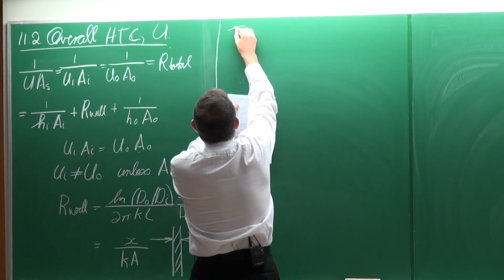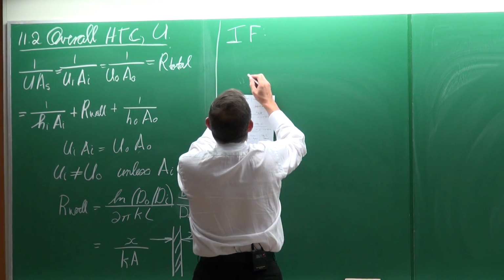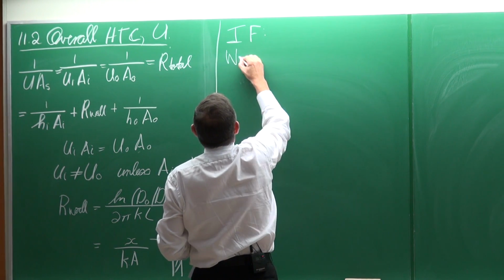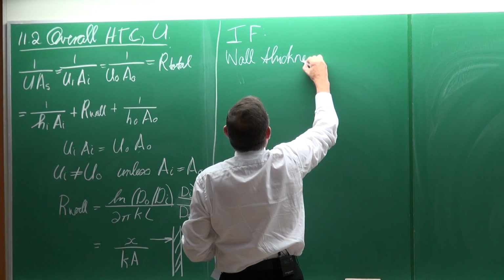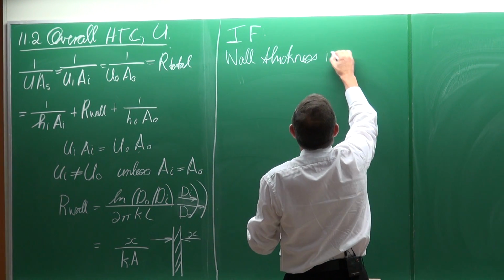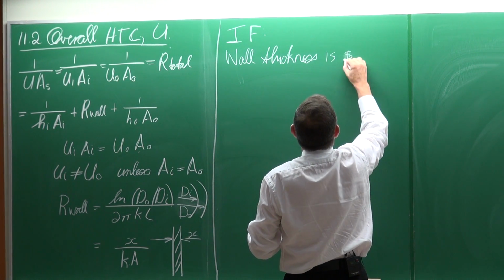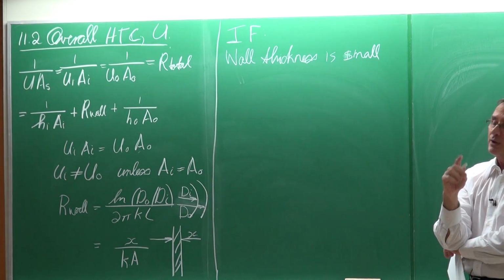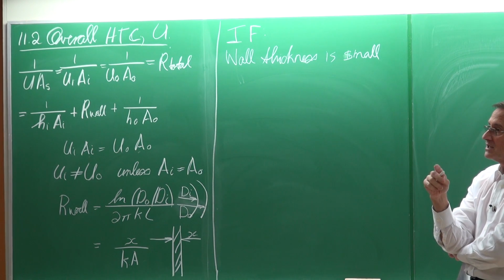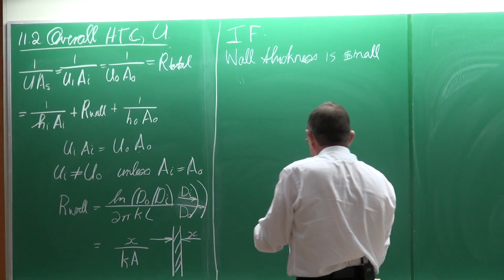Let's suppose we've got an if. If the wall thickness is small, and that is usually the case, but not always. So usually it is the case, but not always.